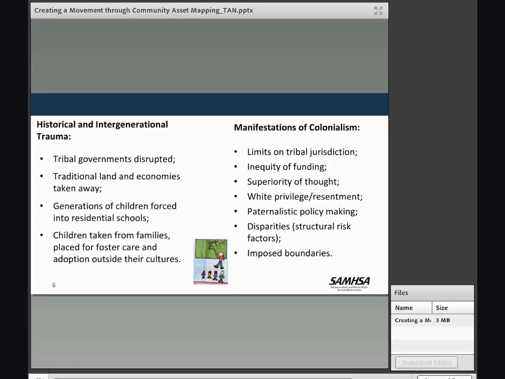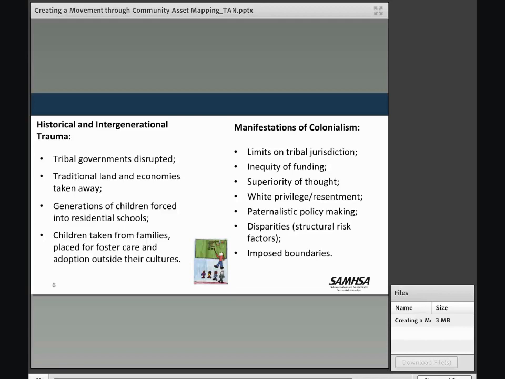So instead of focusing on assets, a lot of that energy was spent on addressing historical and intergenerational traumas, like the disruption of tribal governing and leadership structures, the removal to different lands and traditional economies, and the removal of children into boarding schools, and then later into foster care and adoption.